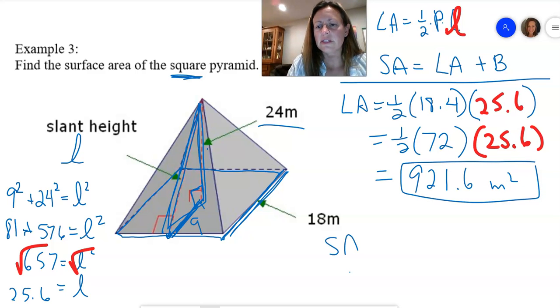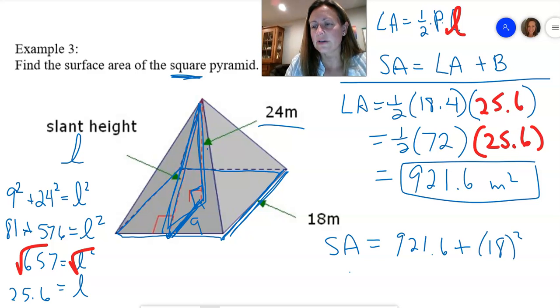Now the surface area, thankfully, this is a lot simpler than the last one. Since the base that we have to add to the lateral area is just a square, it's easy to find the area of the base. The lateral area is 921.6, and we have to add the base, which is 18 squared, because the area of a square is just the side times the side.